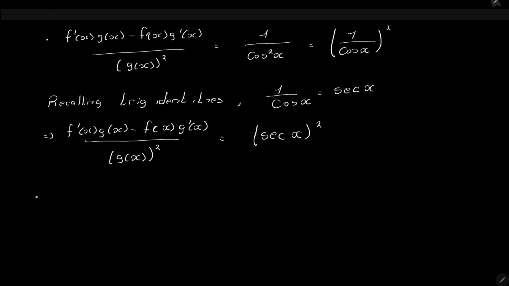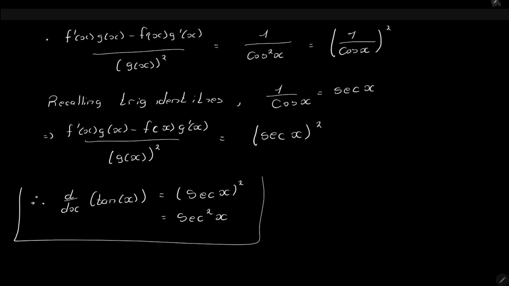We can then conclude that therefore the derivative with respect to x of tan x is equal to sec x all that squared, or sec squared x. We enclose our answer.